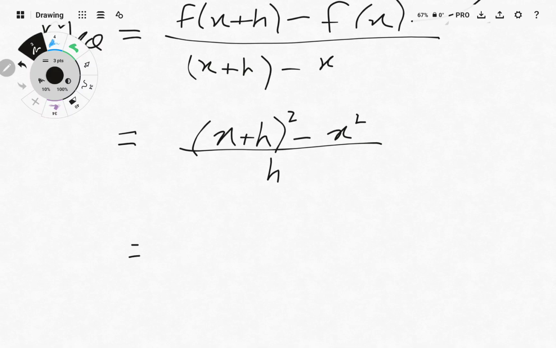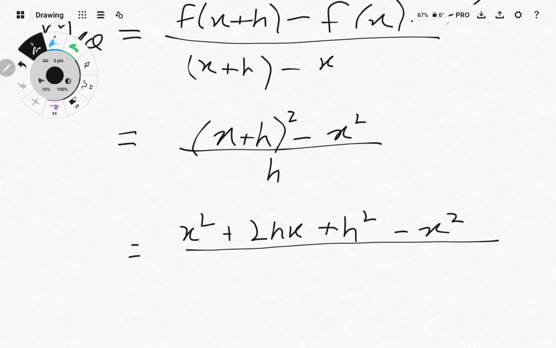Alright, we're nearly there. Now let's just simplify it a little bit. I'll call this x squared plus 2xh using the algebraic identity. Actually, I'll write it as 2hx plus h squared, minus x squared, all upon h.